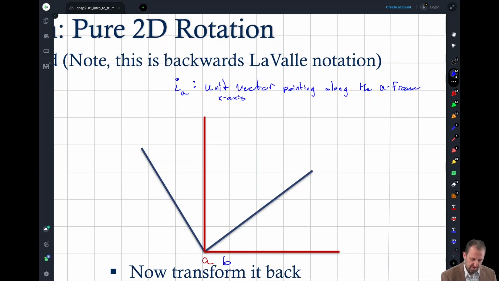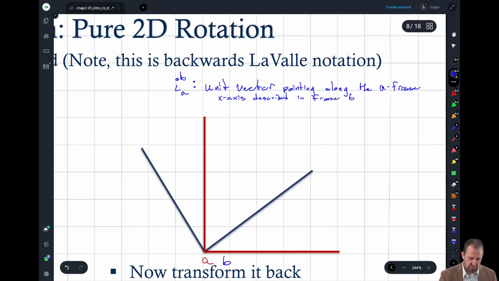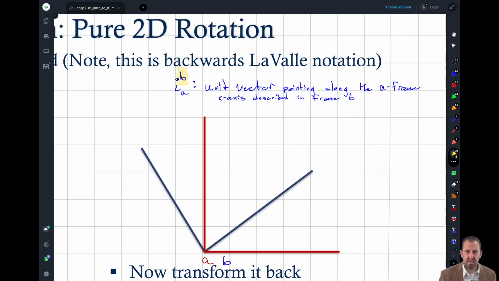So, and then if I put a B superscript here, I would say described in frame B. So again, the superscript is really important. The superscript tells us which frame it's described in, while we're using the subscript to tell us which frame it corresponds to.